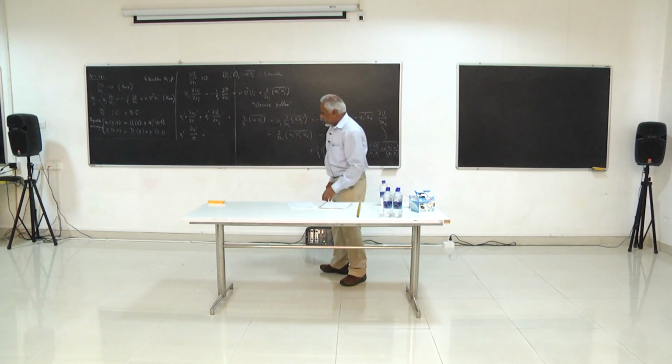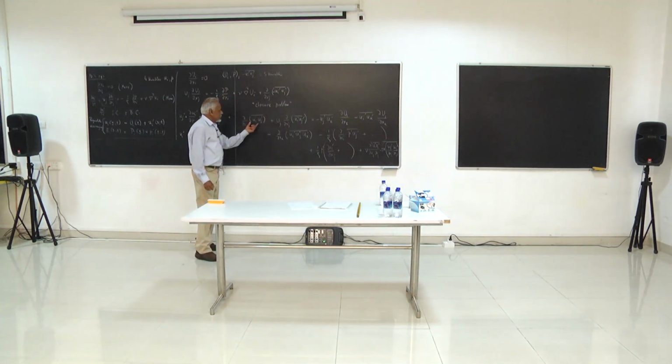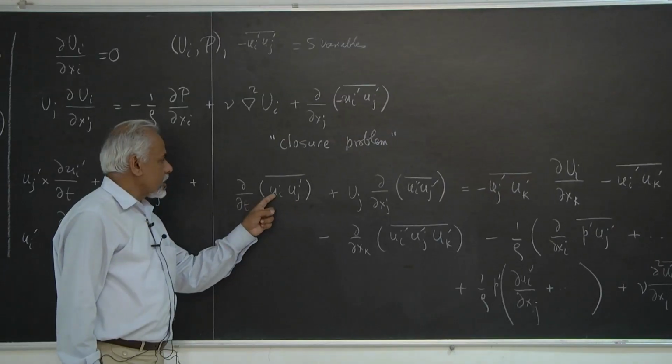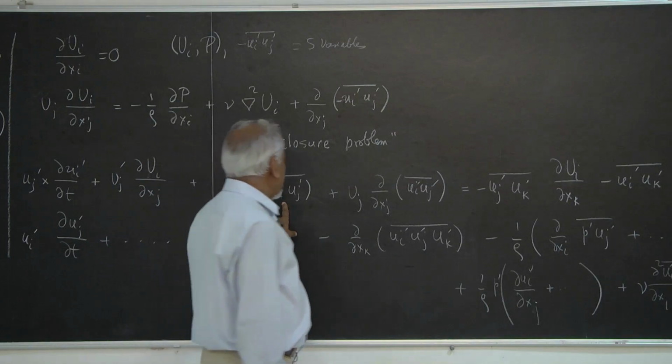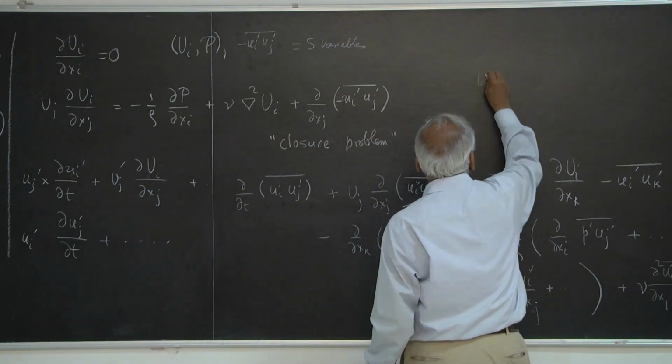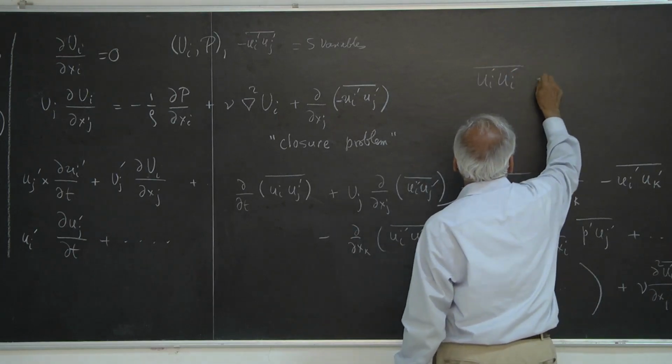What is useful for interpretational purposes is that I contract this term. That is to say, I put i equal to j. What does this mean?